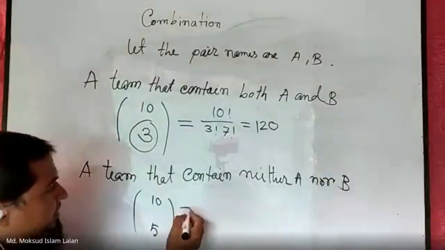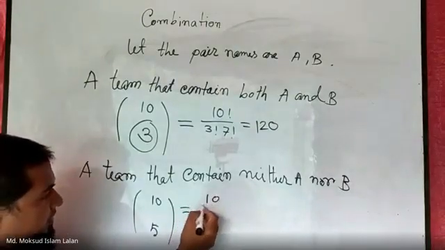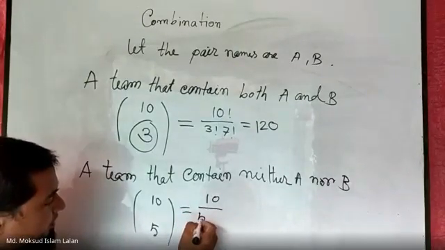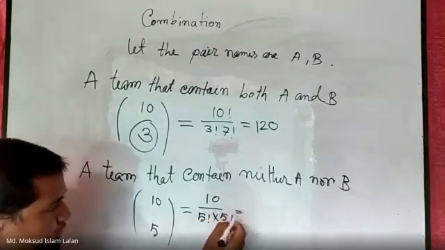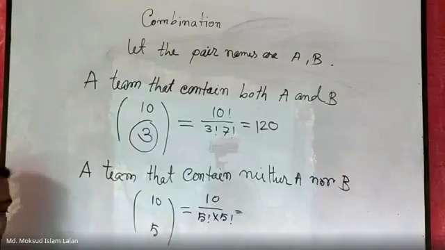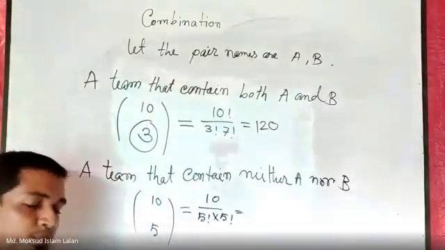Now calculate this. 5 factorial, right? So what will be the result? Sir, Sahin: Sir, if A and B are not there, then why will it be 10, why minus 2? 10, that is, at the beginning you need to remove, right?